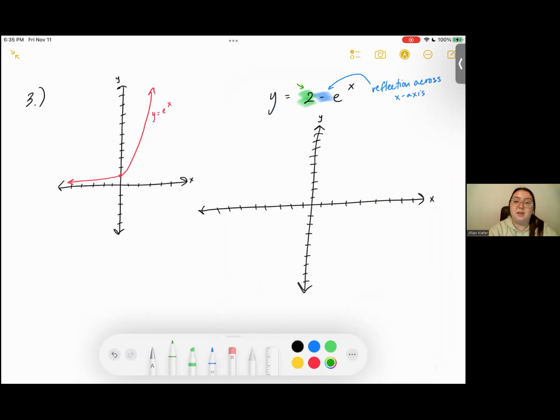So really what we have here is that we have a shift. We are adding, so it is going to be either up or to the left in this case, which we see it is also outside the function of e to the power of x, which means it is a vertical shift up. So we are going to have a vertical shift.